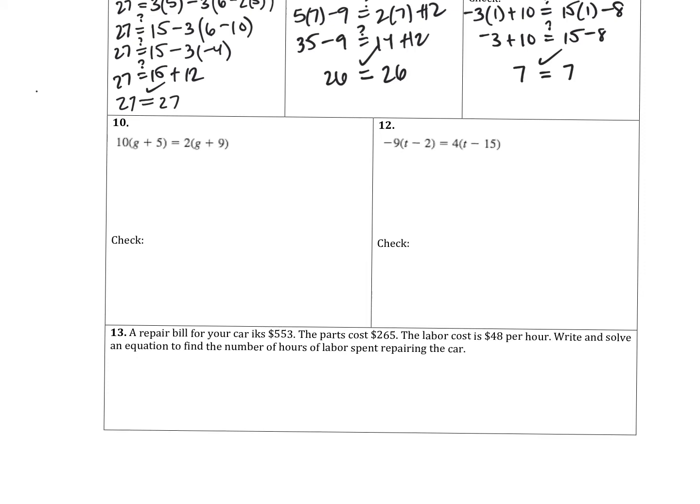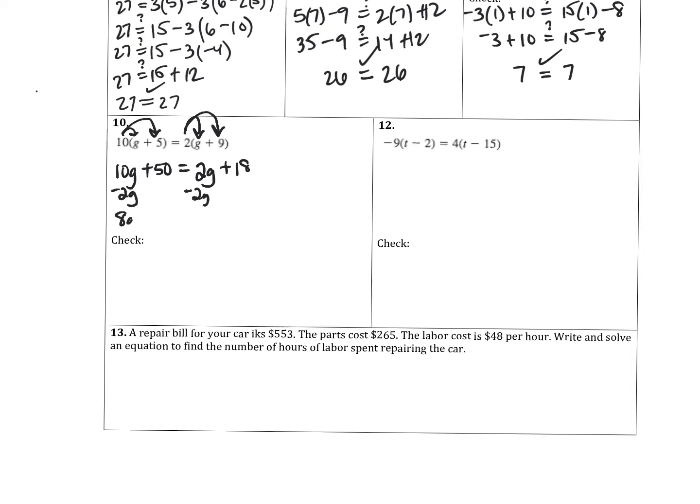For number 10, let's distribute to get rid of these parentheses first. So we're going to say 10 times g is 10g, and 10 times 5 is plus 50, is equal to 2 times g, which is 2g, and 2 times 9 is 18. I want all g's on one side, all numbers on the other, so I'm going to subtract 2g from each side.